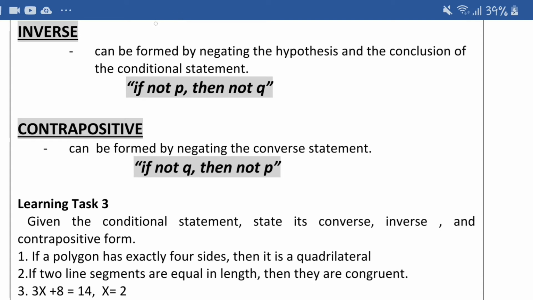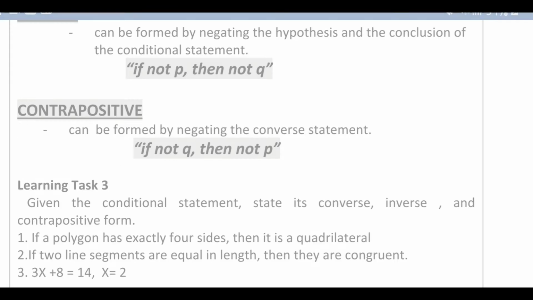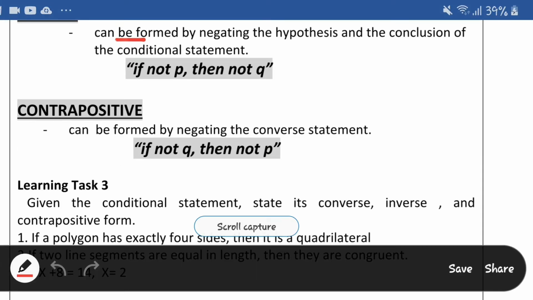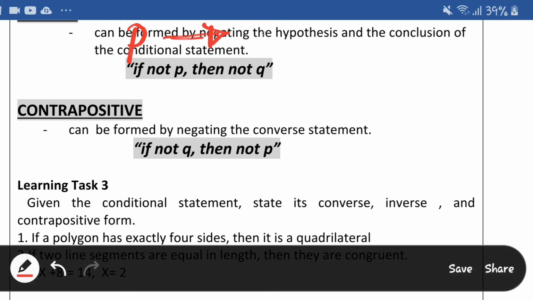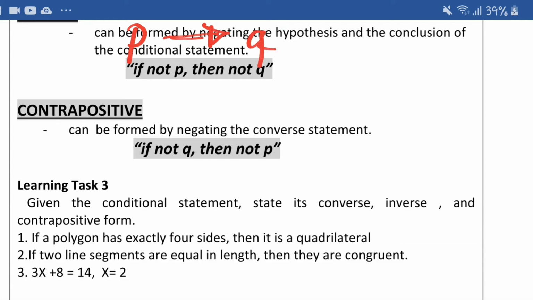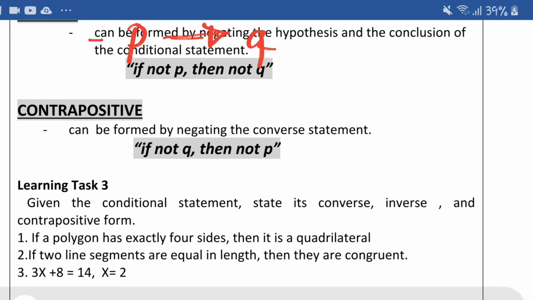So, if we have the original statement, let's say, if a triangle is equilateral, that is your P, then it is equiangular. Let us form the converse of this statement.